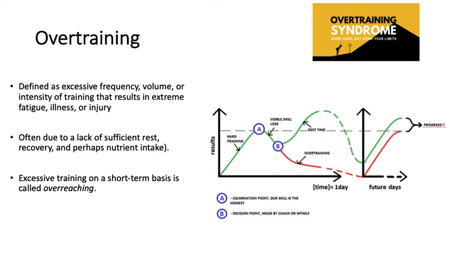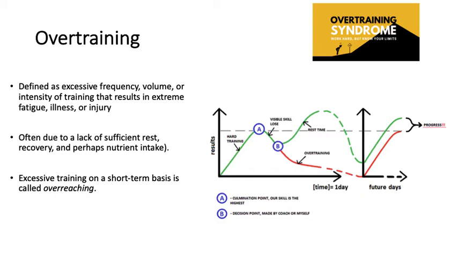So you can see in this graphic here, we have our results on the y-axis and time on the x-axis. You can have in green there a hard training day, which leads to A, which is the accumulation point. Our skill is the highest. Then B is the decision point made by the coach or yourself, where you either have appropriate rest to allow yourself to adapt and see an improvement in results, or you continue to train and not have appropriate rest, which leads to overtraining.